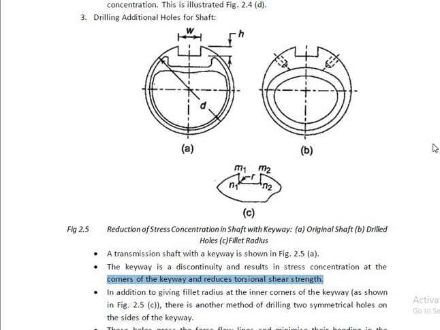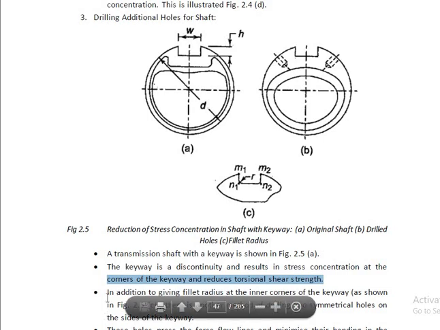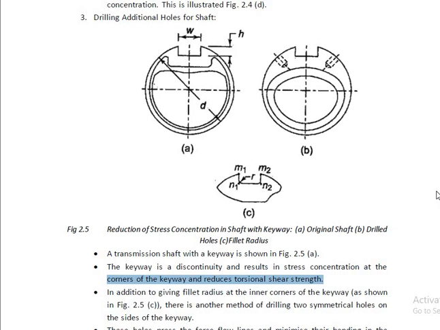To reduce this stress concentration on the shaft, we can provide additional drilled holes, give a fillet radius at the inner corners of the keyway, and there is another method of drilling two symmetrical holes on the sideways of the keyway.